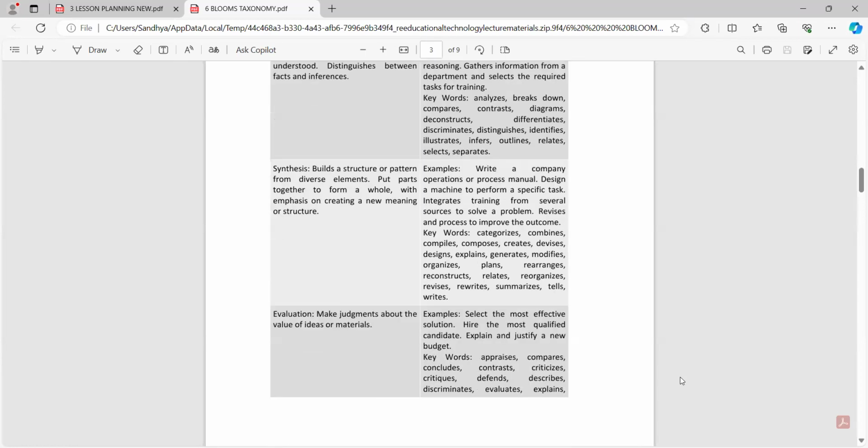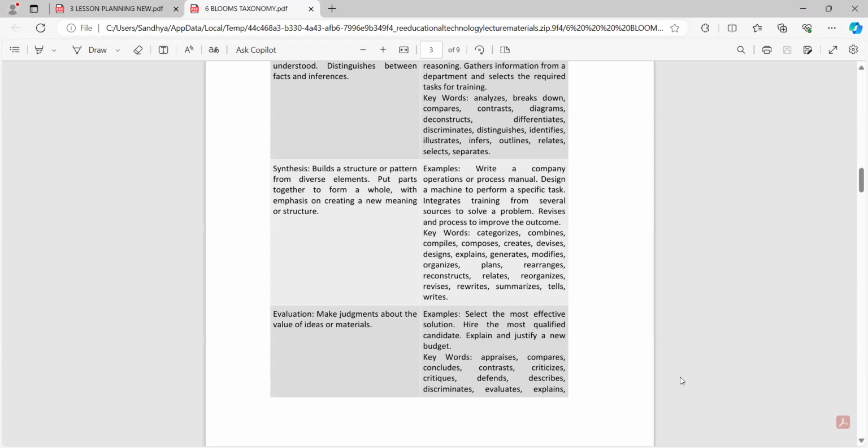And then evaluation or creation. Now you get them to read a poem on a poor man and then you ask them, right, go home and write your own poem about a person who has done his part when he was young and now is being neglected. Or go home and write a kind of a story about a man who is neglected by his own children in old age.